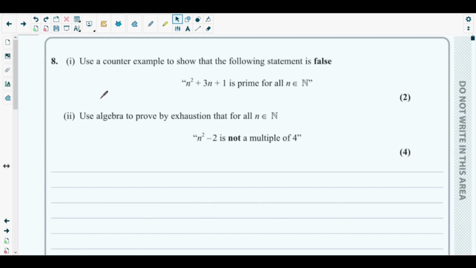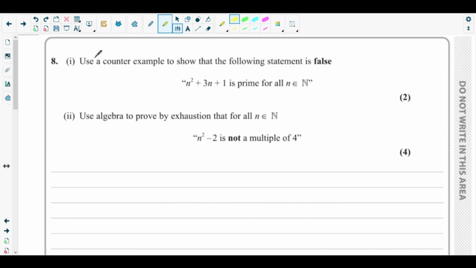Chapter number 1 is algebraic methods, and the topic of this chapter is proof. To be more specific, we need concepts from proof by exhaustion and counterexample. So let's get started with question number 8.